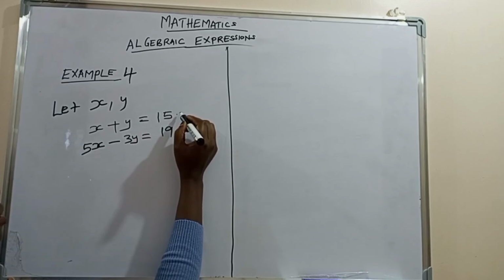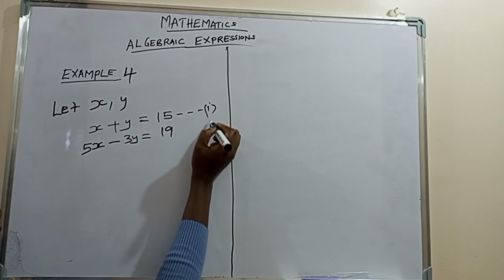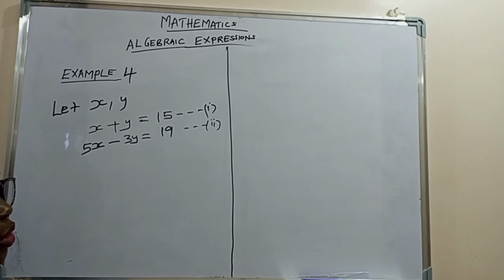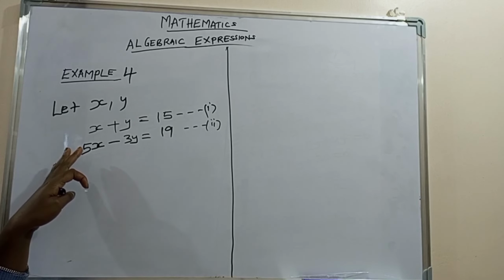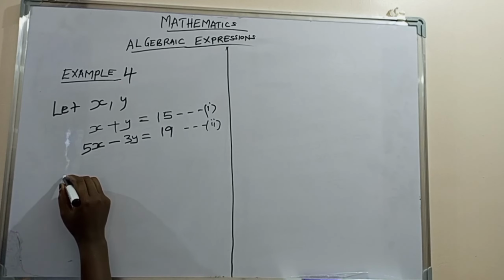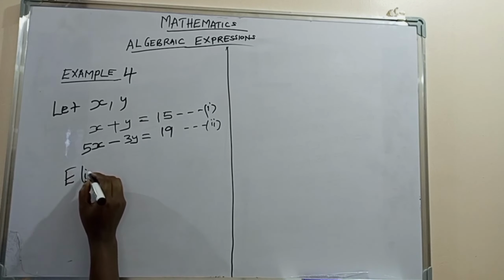So let this be our first equation and this be our second equation. So this gives us simultaneous equations, and to solve these simultaneous equations we can use either the substitution method or the elimination method. So in our case, I'm going to use the elimination method.